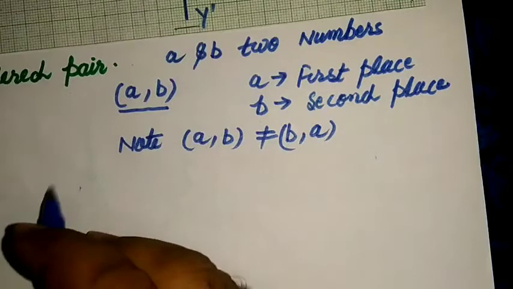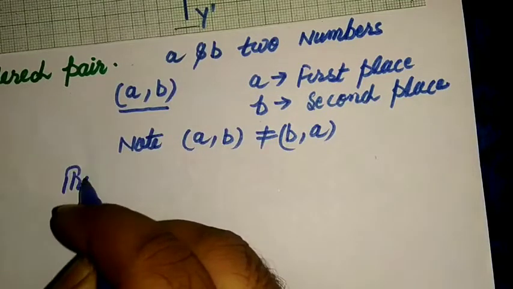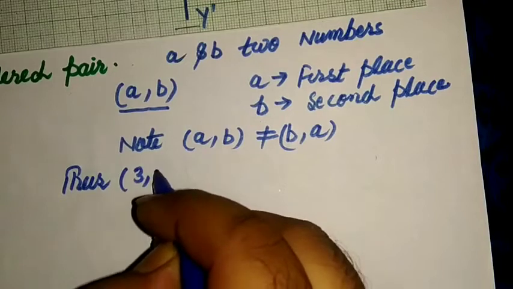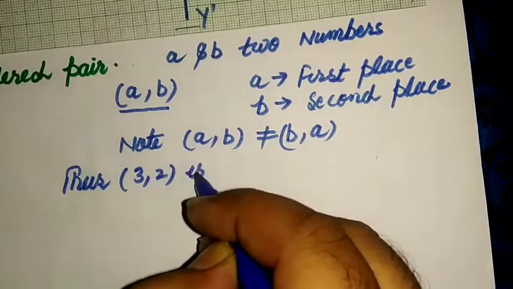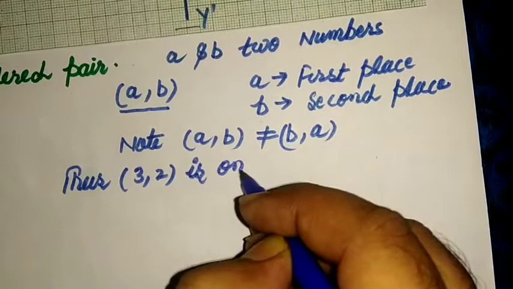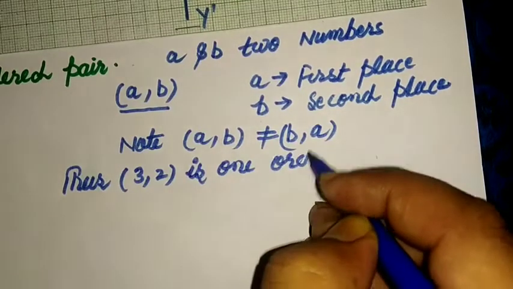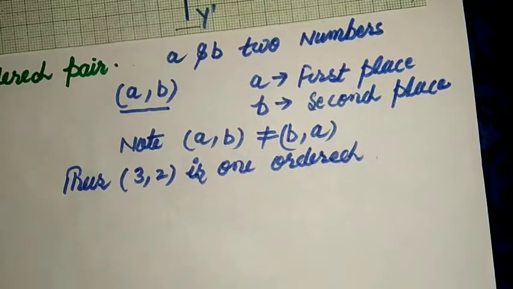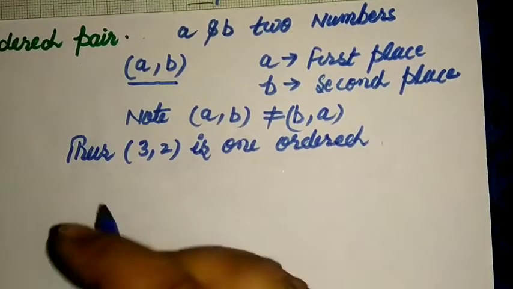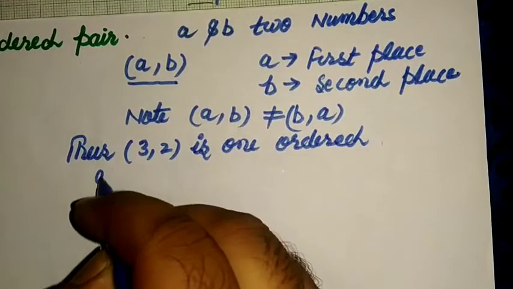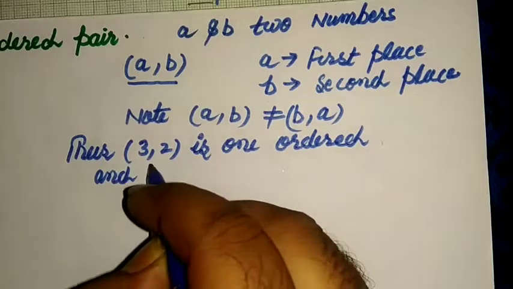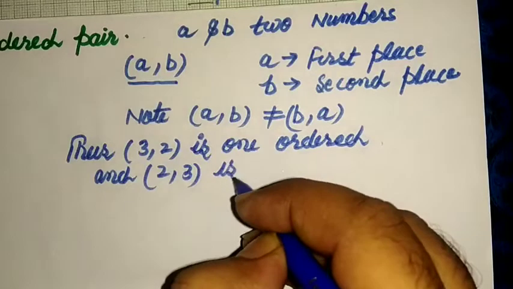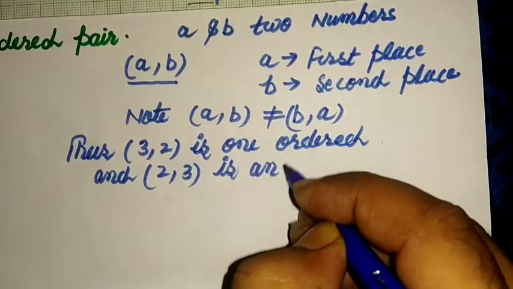If we write here 3,2 is one order and 2,3 is another order.